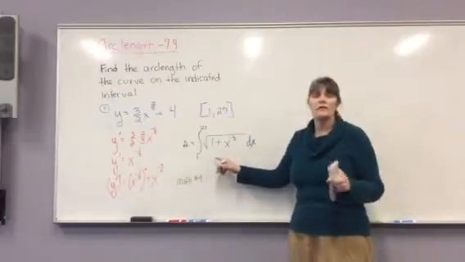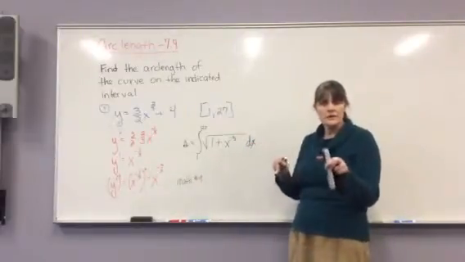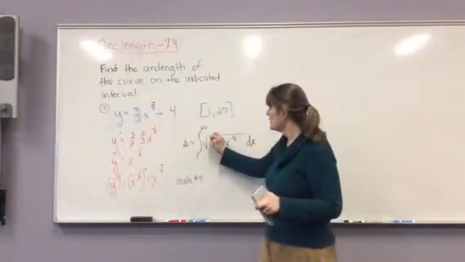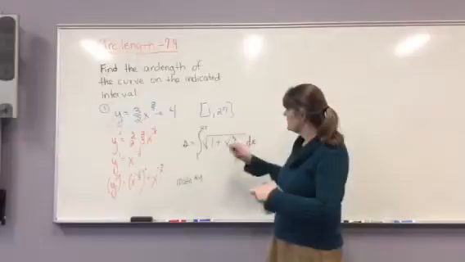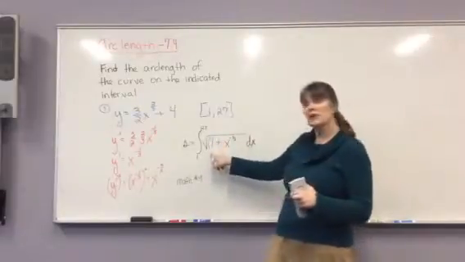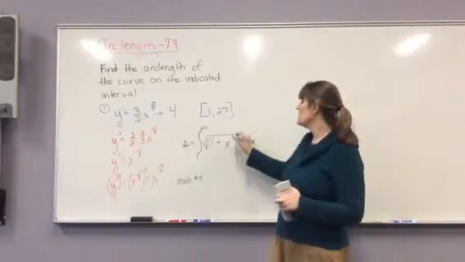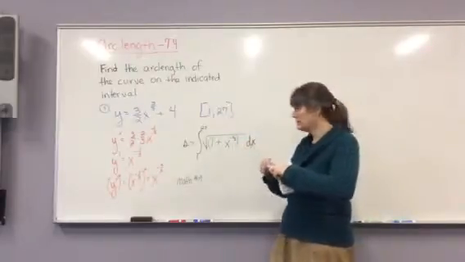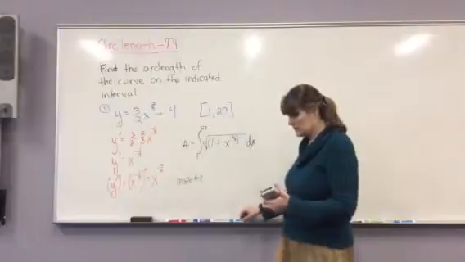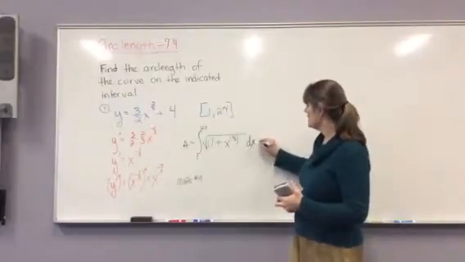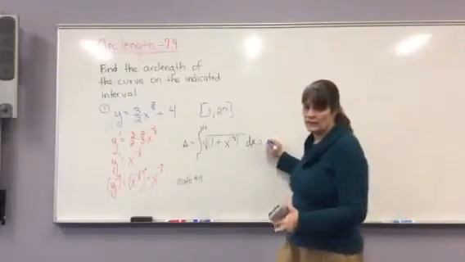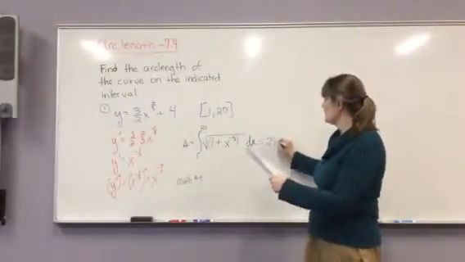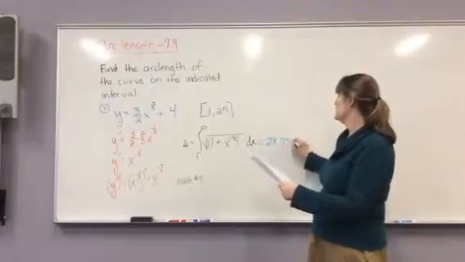Now, if you don't have one of the calculators that brings up the integral and it looks like a square root, you have to remember that your calculator puts a parentheses here to start what's under the radical. You have to close it before you go to the next part. So if we do this on our calculator, we get that the answer is approximately 28.794.